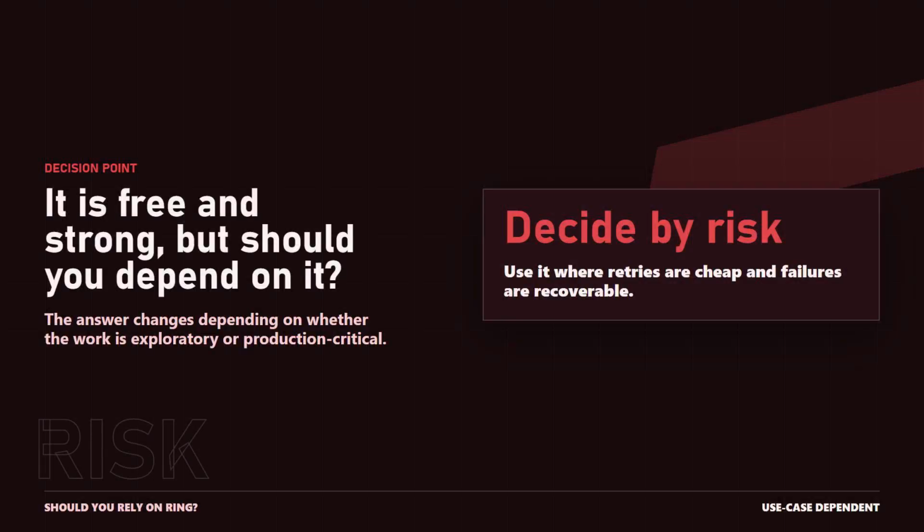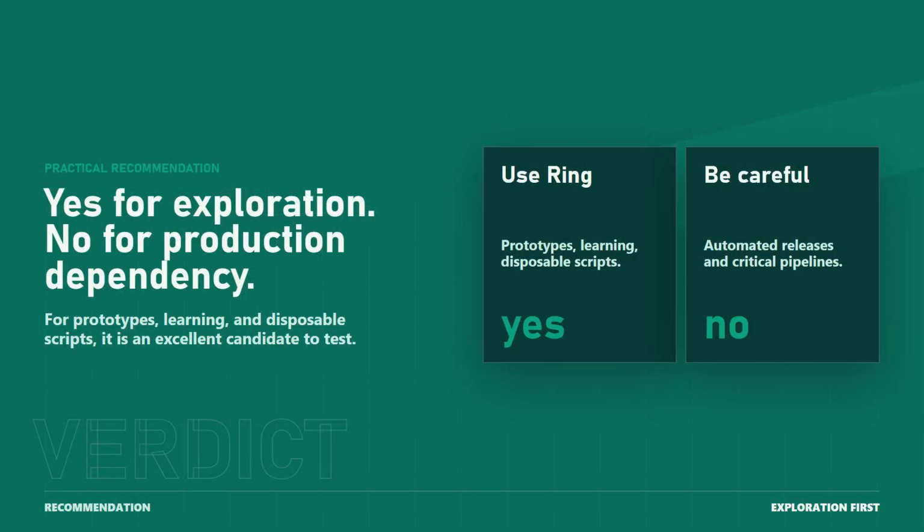It's free and strong, but should you actually depend on it? Let's talk about the risks. So should you switch to Ring 2.6 1T for all your coding? I'd say yes for exploration, no for production. For prototyping, learning a new framework, or writing disposable scripts, it's fantastic.